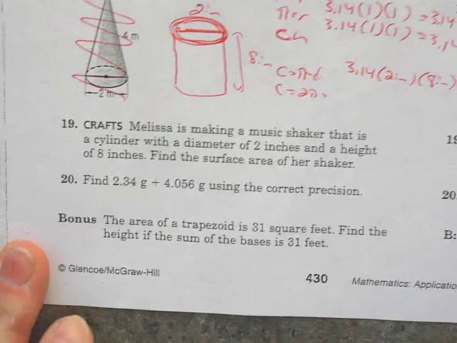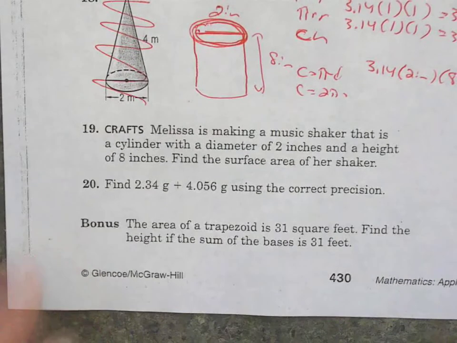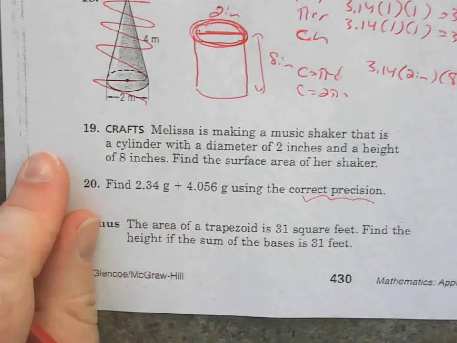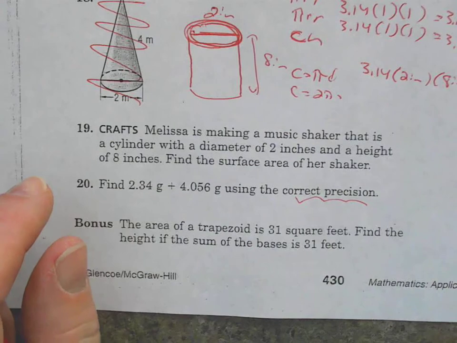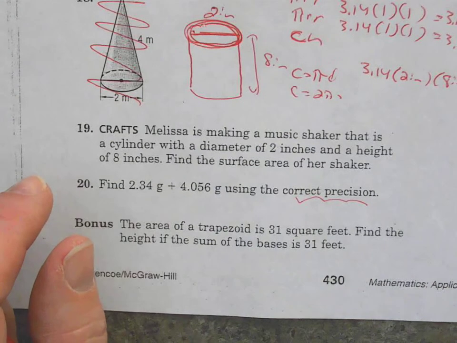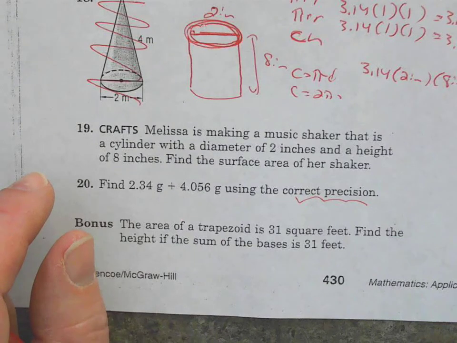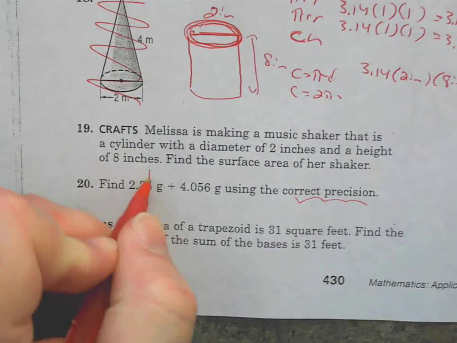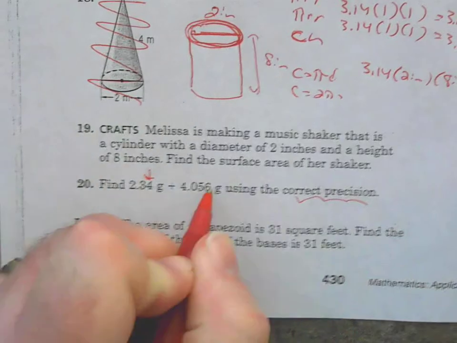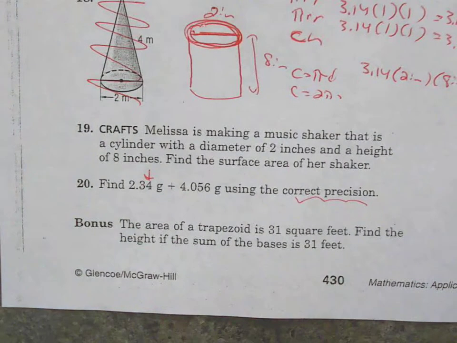Now, next part. Significant digits, correct precision. Precision means how close did I measure something. You're only as good as your worst measure in the group. So, they measured to the 100th place, he measured to the 1000th place.